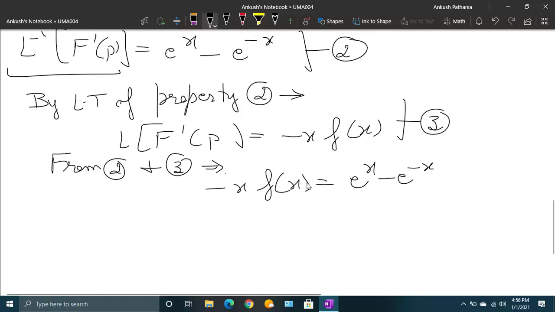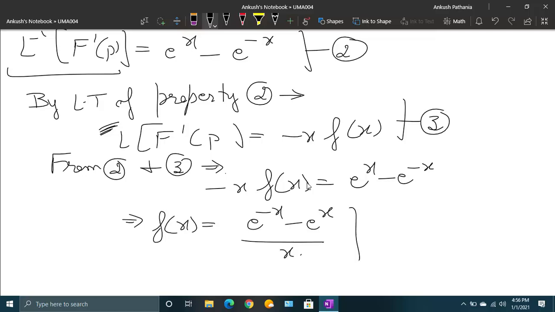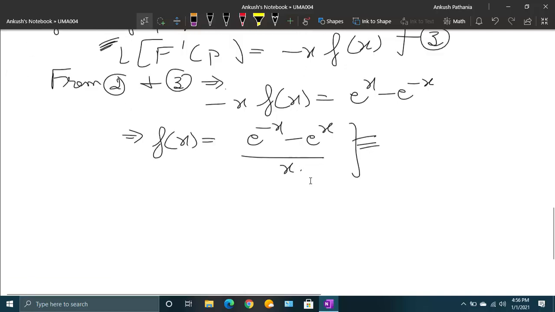This implies f(x) is equal to (e^(-x) minus e^x) upon x. Yes, so this is the solution, the f(x) that we are looking for.